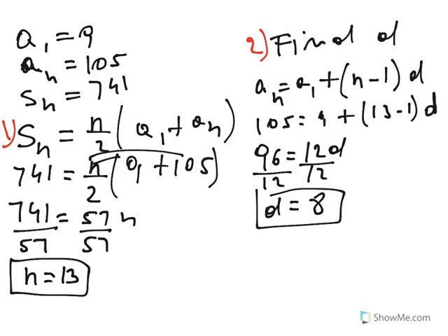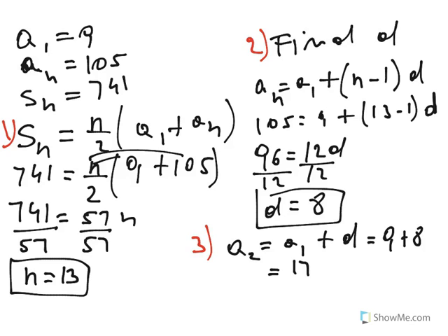Now that I found the common difference, and my question is find the first three terms of an arithmetic series, I'm going to use step number 3, and to use d to determine a sub 2 and a sub 3, I would say a sub 2 is a sub 1 plus d, which is going to be 9 plus 8, and 9 plus 8 is equal to 17.